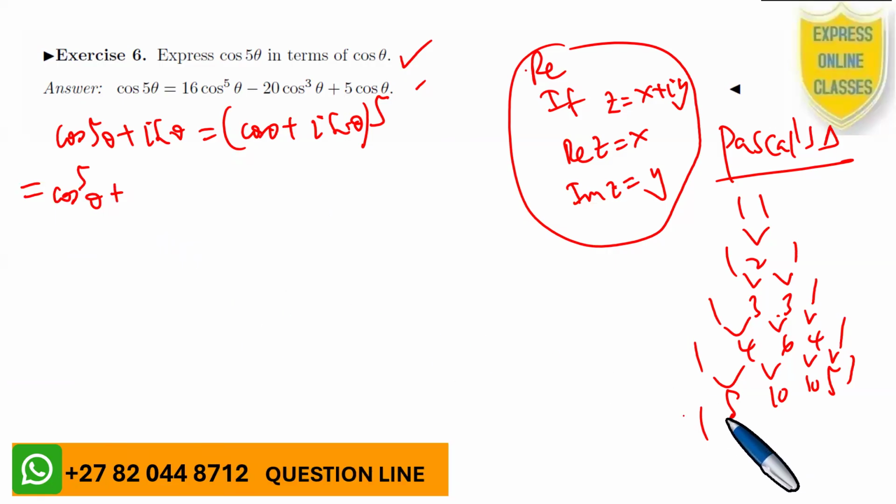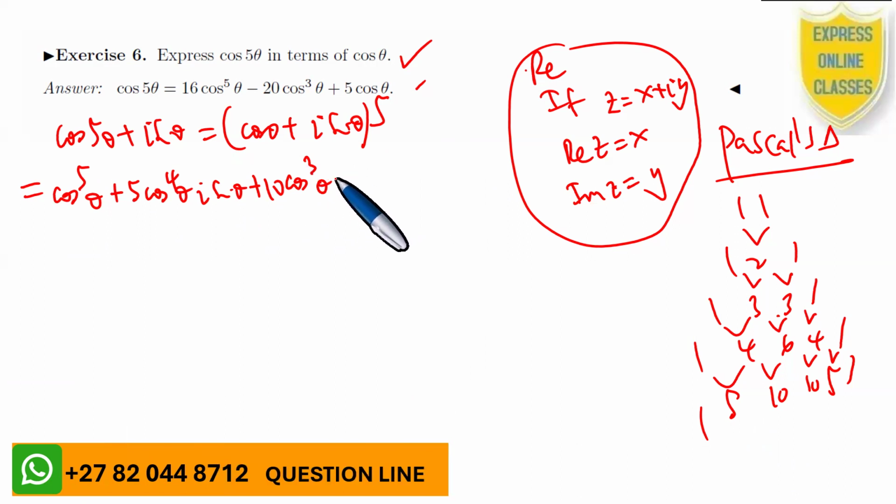By Pascal's triangle, then you put 5, and then you have i sine theta. And then now you have this one cubed and this one squared, with a 10. Okay, this is called the binomial theorem.